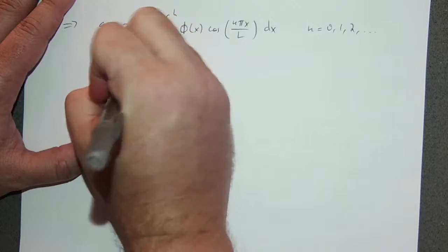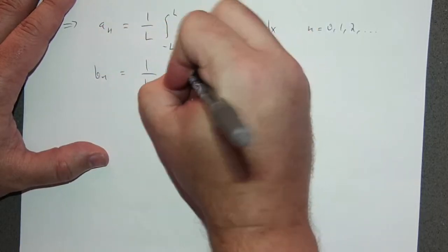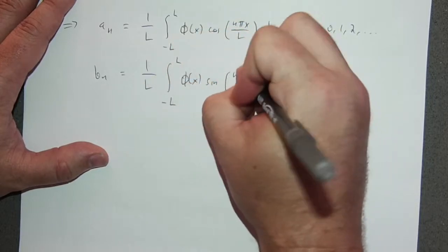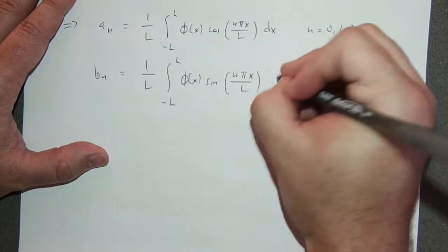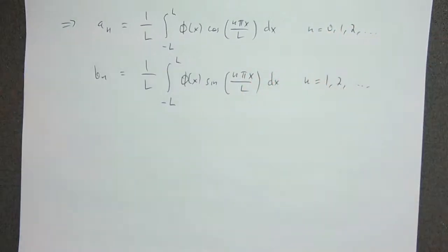Think of why this is 1 over L now instead of 2 over L. And b sub n is 1 over L times the integral from minus L to L of phi of x sine of n pi x over L dx, and n is 1, 2, and so on.